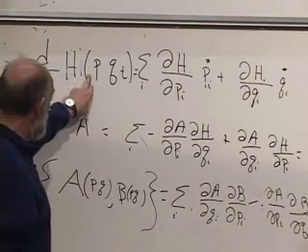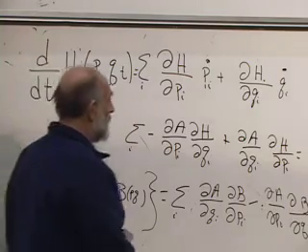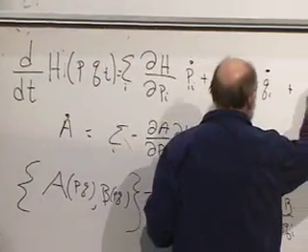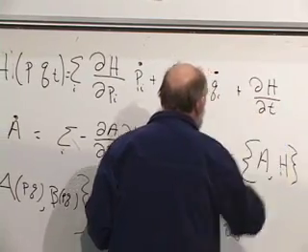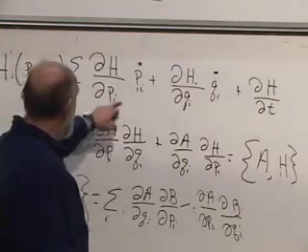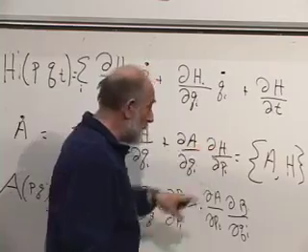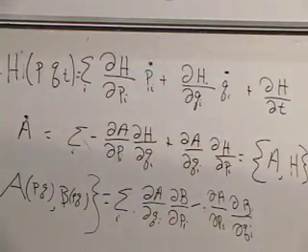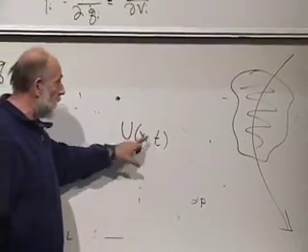If H also depends on t, then we have to write that the time derivative of H is dH by dP times P dot plus dH by dQ times Q dot plus the explicit derivative of H with respect to t. In other words, the change in the Hamiltonian, even if P and Q are standing still, if P dot and Q dot are equal to 0.